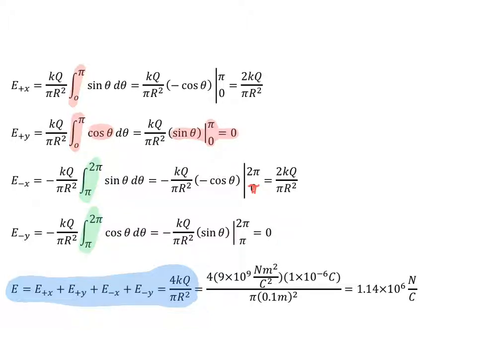And if we plug and chug those values, if you look back, the charges were 1 microcoulomb charge distributions and 10 centimeters, or 0.1 meters. So we get 1,000,000 newtons per coulomb, which is a pretty good chunk of force per unit charge.